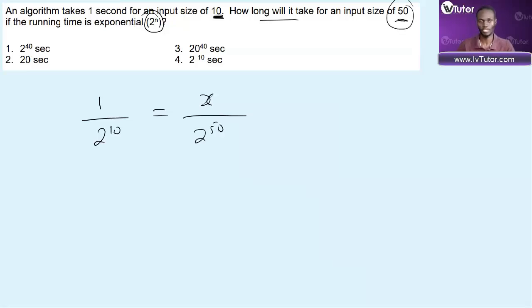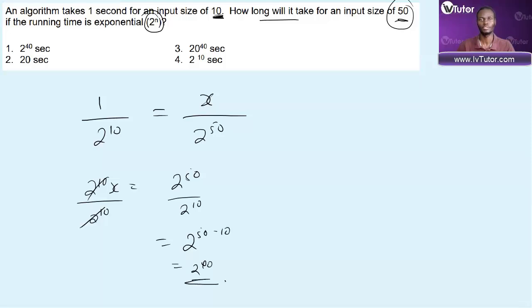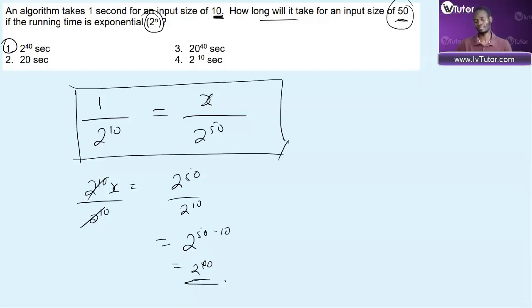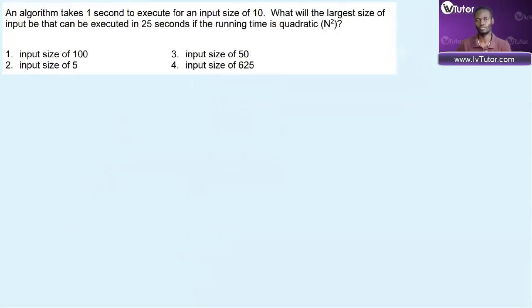And then you do your cross multiplication, you end up with 2 to the power 10x is equal to 2 to the power 50, over 2 to the power 10, and then your x becomes 2 to the power 50 minus 10, which is equal to 2 to the power 40 there. Okay, so once you get your equation right, pretty much I would say you are done, because the rest is just going to be simple maths: cross multiply, divide, and you've got the answer.